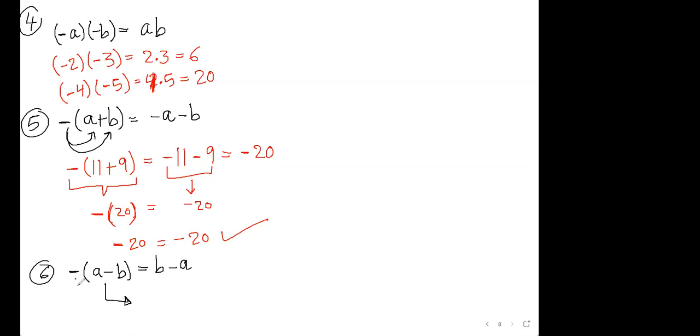We distribute the negative inside the parentheses, and this gives negative A, negative negative is positive B. And this is equal because the commutative property for real numbers is achieved. So it's equal to B minus A, and this is the answer here. Is it clear?